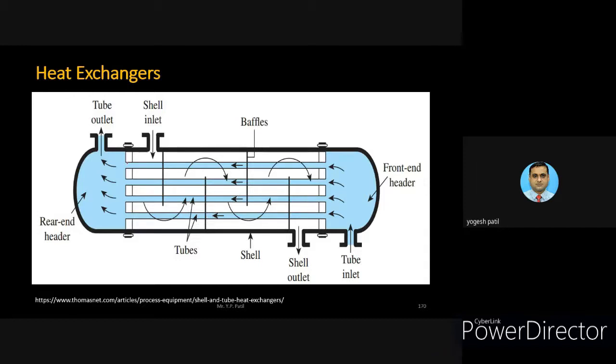In this, this is the tube inlet, through which the water gets inletted and circulated in different tubes, and then the hot water gets outletted here in the upper side. Here the water is cold. On the right side, the cold water gets inletted, and here the hot water gets outletted from the heat exchanger.